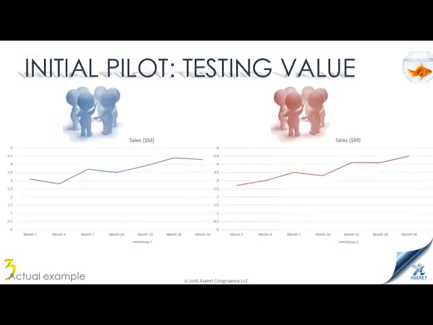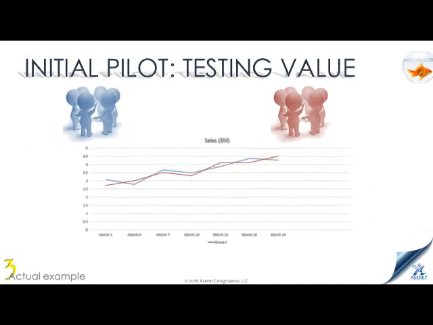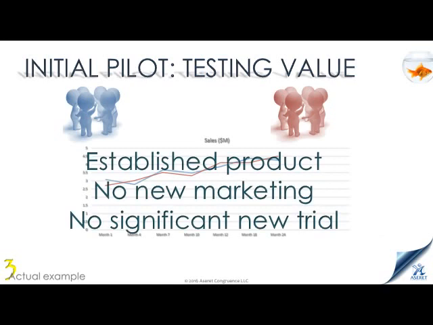When we separated those two groups, we first verified that their sales trends were indeed very similar. So we took those two different graphs from those groups, put them together and realized that, yeah, okay, if we do nothing with both of those groups, they're going to go in the same direction. Great, that's a good start. Something important to realize also is that they were all selling an established product, in fact, the same product.